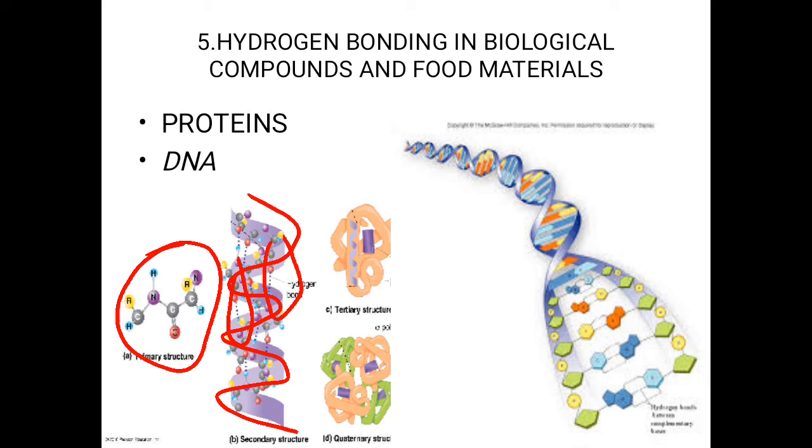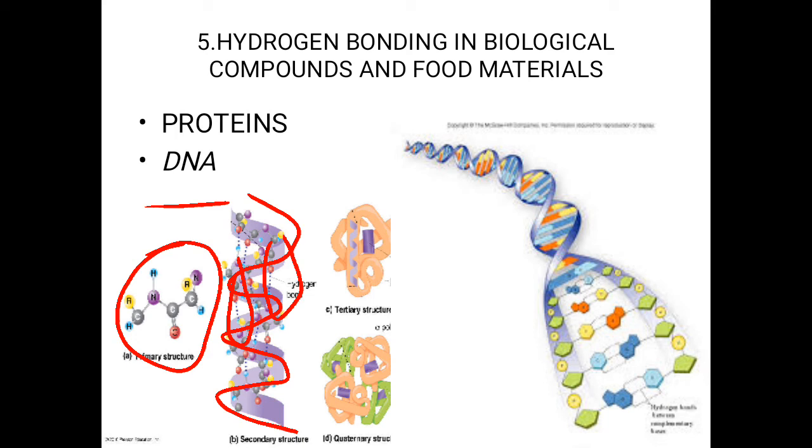We see the same thing happening in the molecule of deoxyribonucleic acid, that is, DNA. It is found in the chromosomes, in the nucleus of a cell, and it performs a very important part in genetics. It passes on the properties of one organism to the next generation.